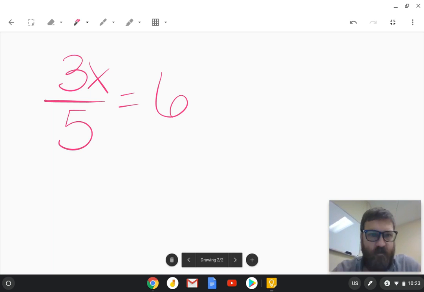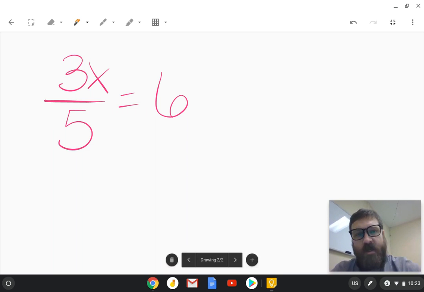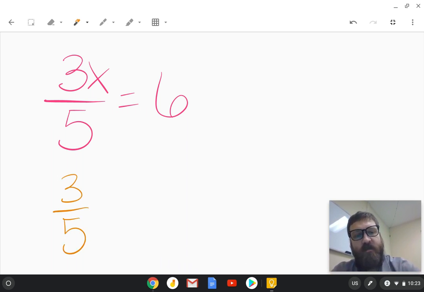This is an example of a problem where we have a number being multiplied and divided by x. And they suggest doing this in a particular method, and that is to recognize that this is the same as 3/5 x equals 6.